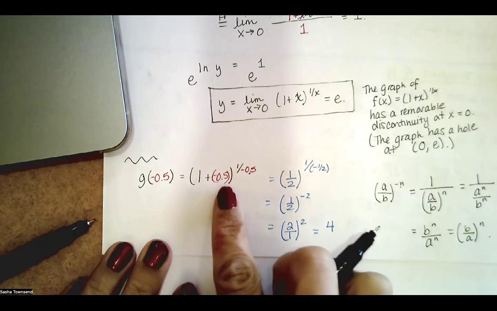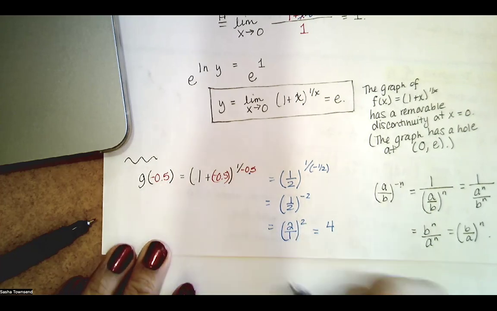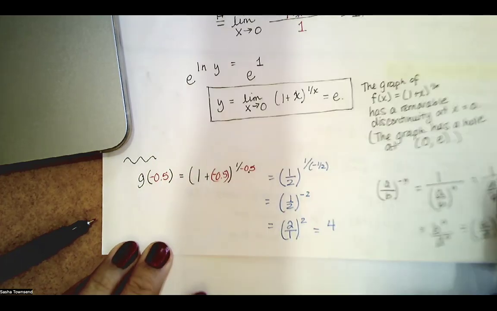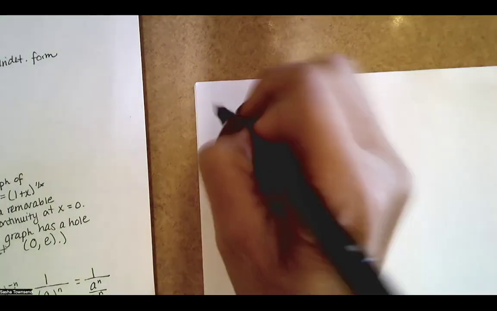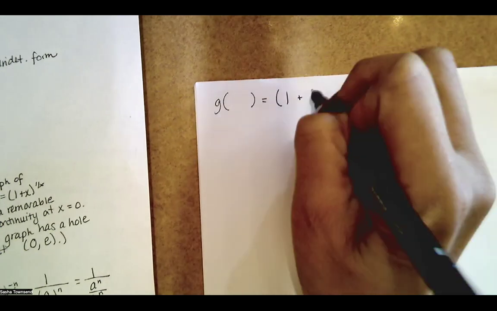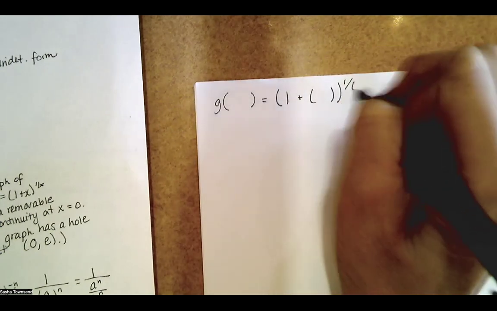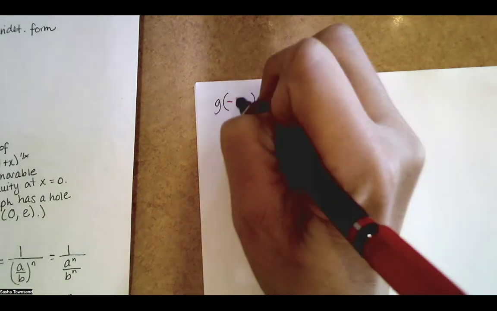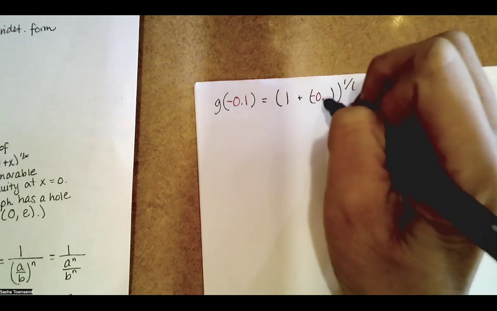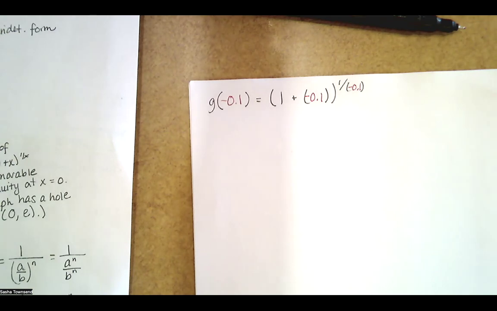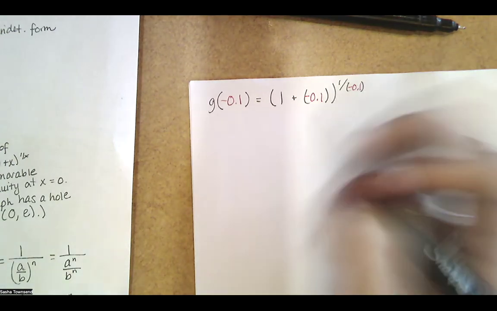Now, if we substitute in -0.1 here, this is going to be g evaluated at -0.1. Actually, let's do that one value as well. -0.1 is -1/10.